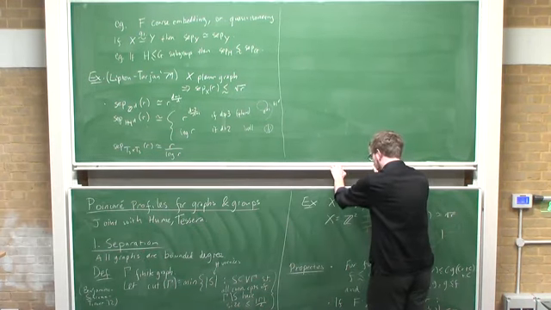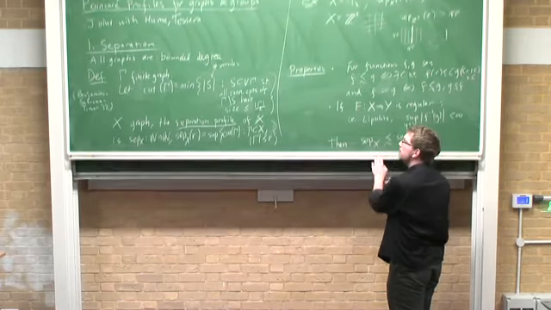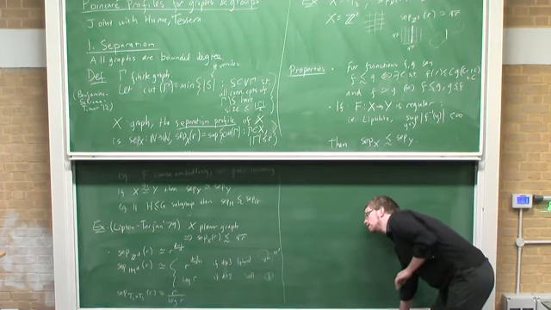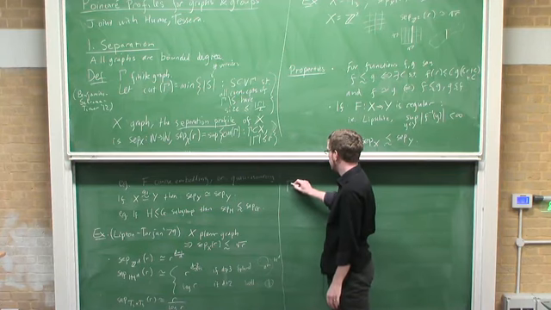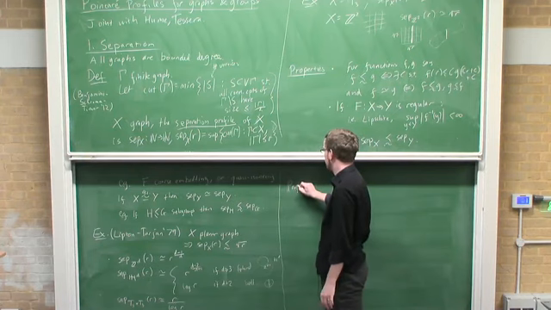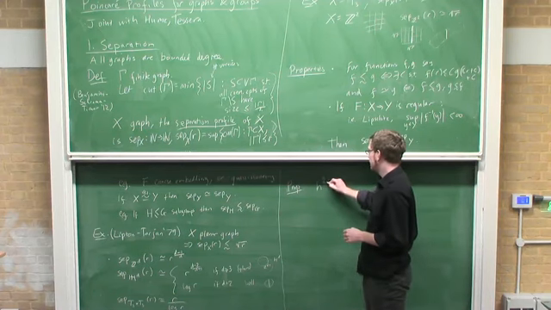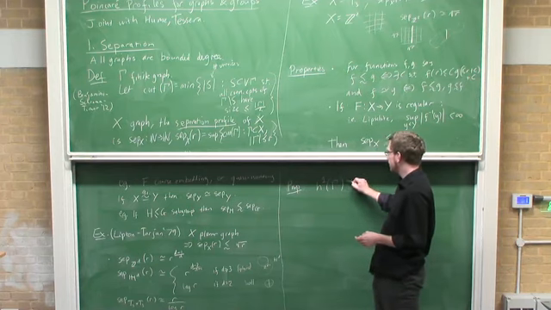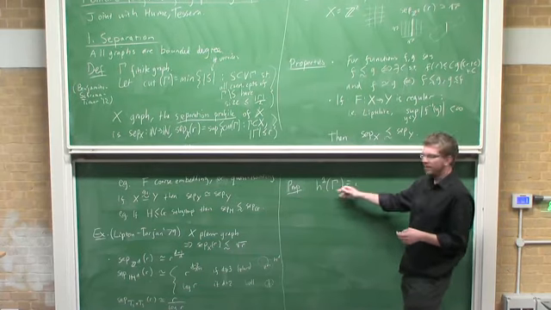Okay. Now, how else to think about this? Proposition. Let's define a kind of Cheeger constant that's comparable to the usual Cheeger constant, h1 of gamma, where gamma is a finite graph.